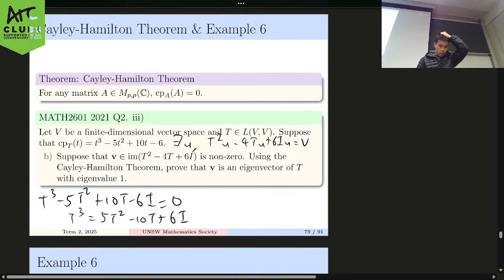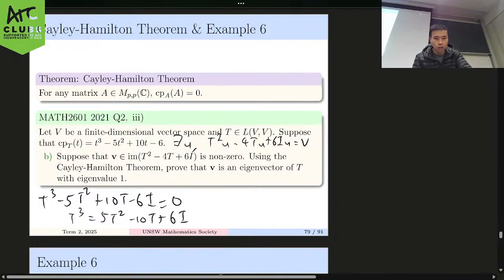Okay. For this equation, it's a bit misleading because this is still a bunch of matrices, but this entire thing, the left or the right, should be a vector. What if we apply T to both sides?